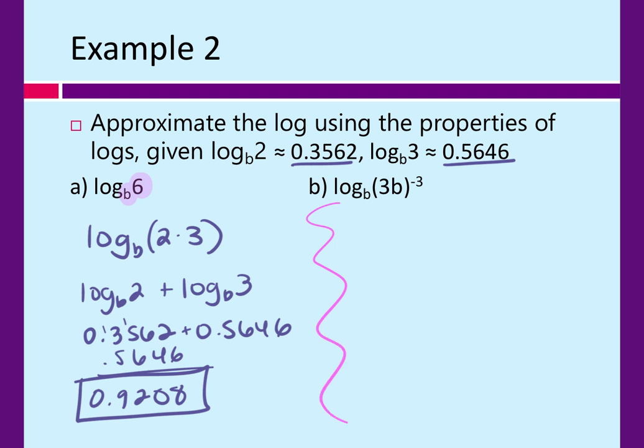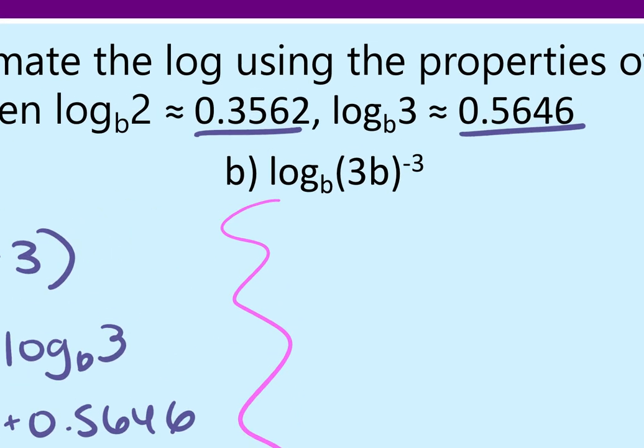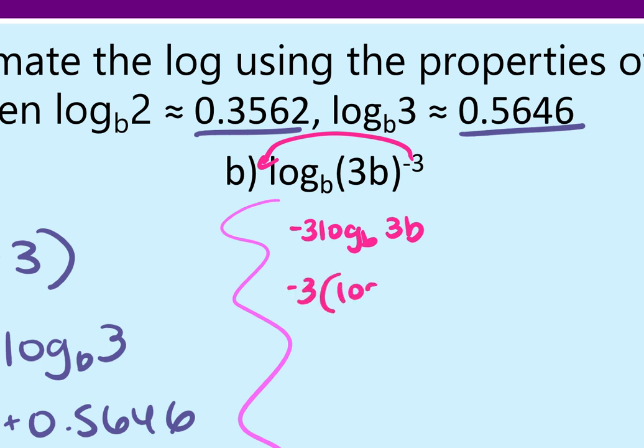Now use your expansion rules on B. What's one way to do it? Because there's more than one way. You can bump the negative 3 to the front. Negative 3 log base b. Is that what you meant? Or did you mean distribute it? Okay. Then expand becomes addition, but they're both going to get that negative 3. Log base b of b. Now I could distribute, or what do you see there that could be simplified already?